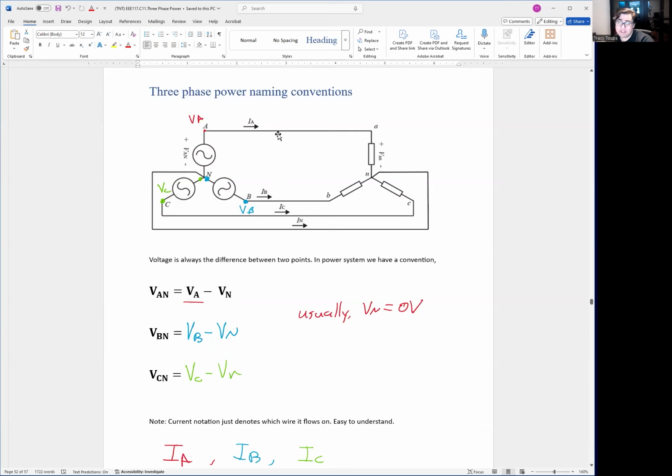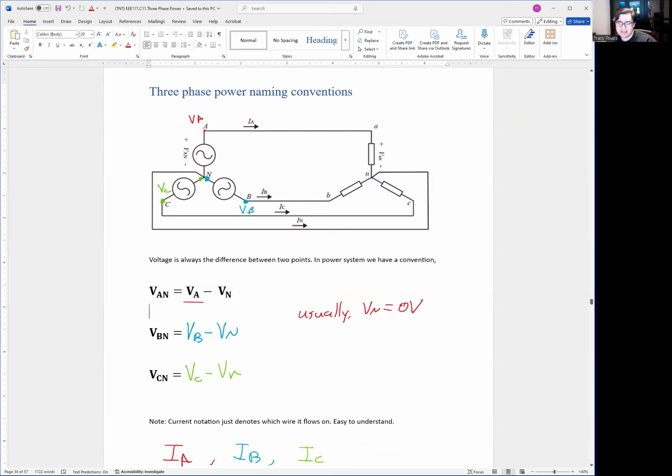Now in the power system, because we have three different voltage sources, it's harder to just stick a ground everywhere and say everything's zero. So we have to be mindful of our voltages. A lot of times in three-phase power systems, we use a two-variable naming convention, where you could have a voltage called VAN, where the subscript A stands for A phase and the subscript N stands for neutral.